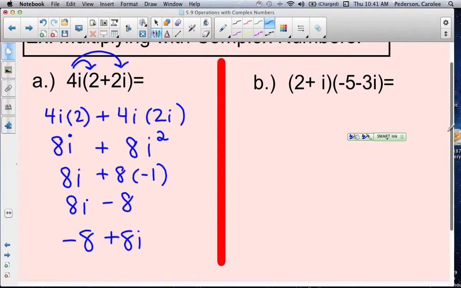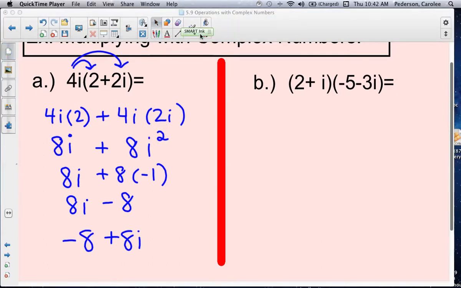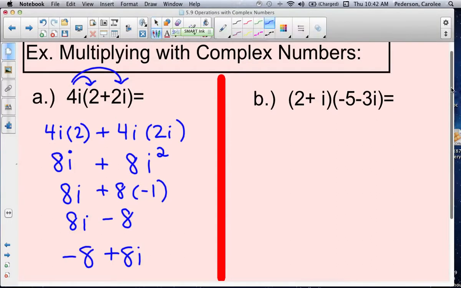Example B is multiplying these two complex numbers together. So we're going to use the distributive property again. And think of this as foiling. So we're going to multiply 2 times -5. Then we're going to multiply 2 times -3i.